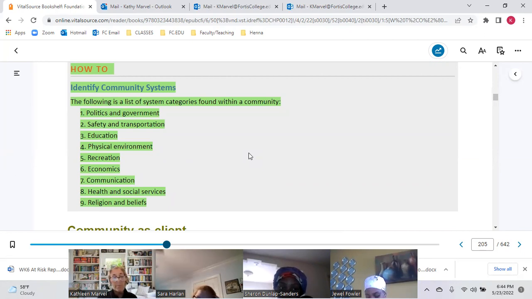But politics and government may be a priority in one community and not as much of a priority in another. Safety and transportation, again, may be a priority in one community and not in others. Education, physical environment. So we need to know these 9.